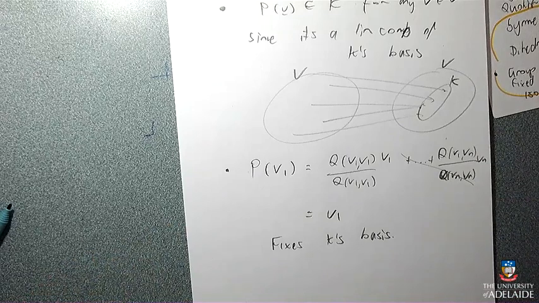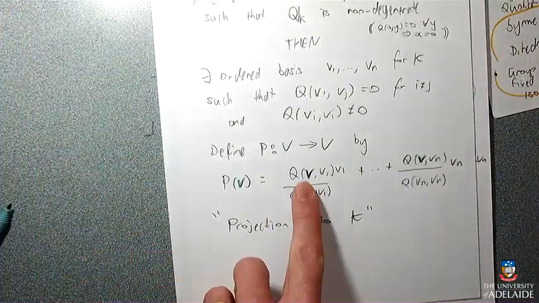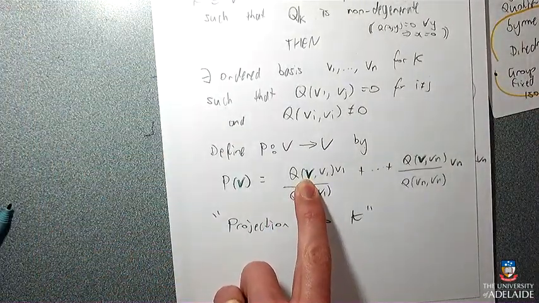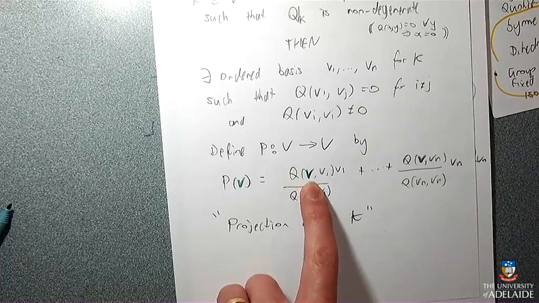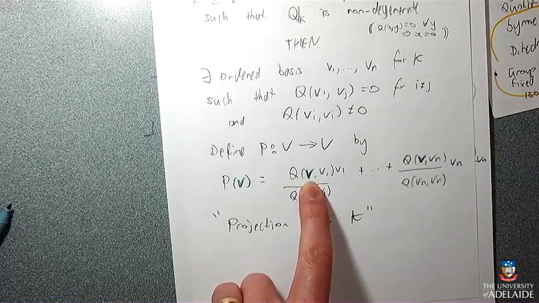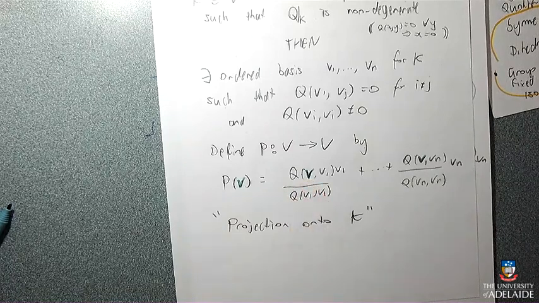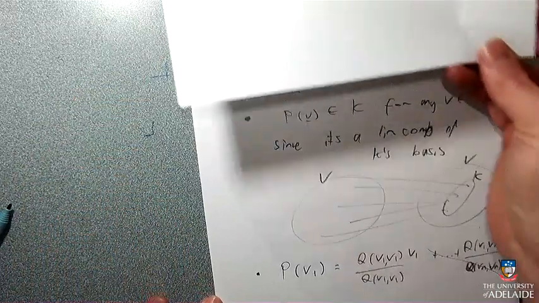And maybe we should have mentioned that it's a linear transformation. I know it's a linear transformation because Q is bilinear. If I replace V with V plus W, then I can separate the Q. I'm just going to go back to that. I don't have space, so I'm just going to put it here.